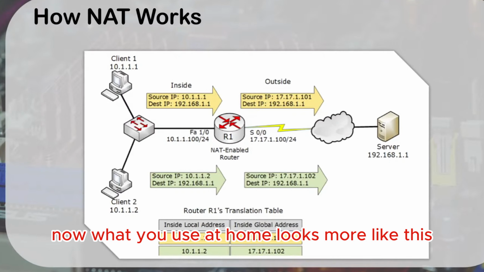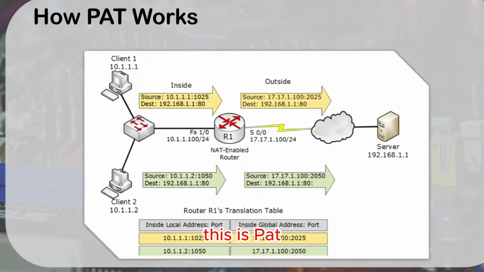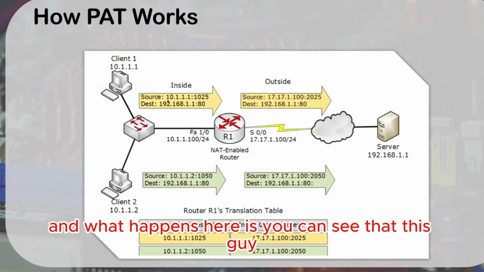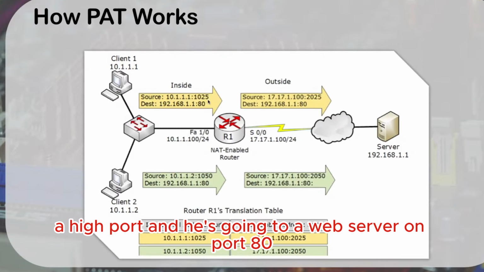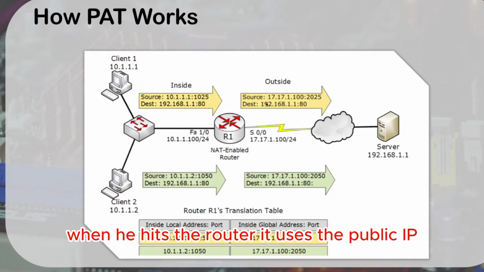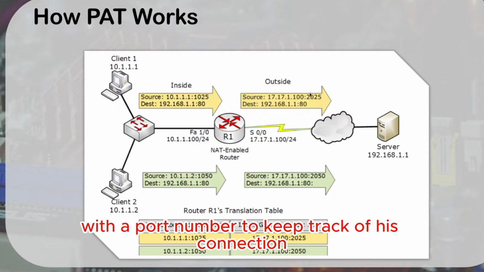Now what you use at home looks more like this. This is PAT. And what happens here is you can see that this guy, 10.1.1.1, has a port number of 1025, which is an ephemeral port, a high port, and he's going to a web server on port 80. When he hits the router, it uses the public IP with a port number to keep track of his connection.